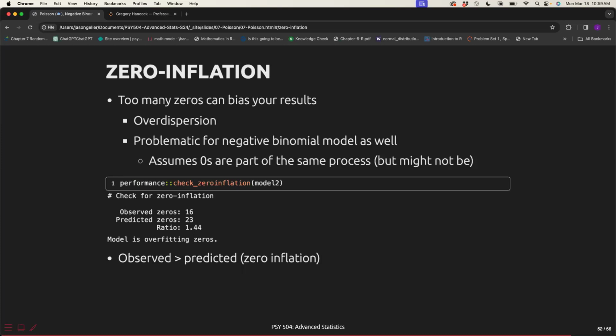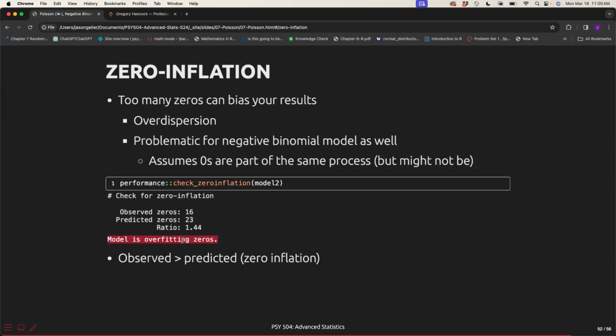So we need to check for zero inflation. And luckily, easystats is there for us. There's a check zero inflation function that will tell us if our data is zero inflated or not. So in our particular data set, we have observed zeros, so actual zeros, 16 in our data set, and the predicted number of zeros is 23. So it says that the model is overfitting zeros.